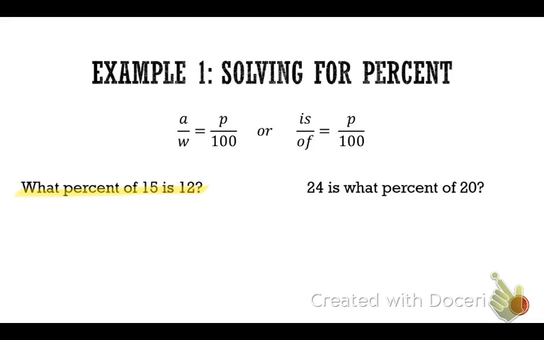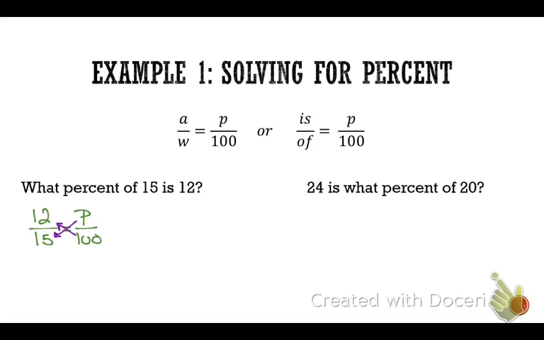It says of 15 is 12. So those key words tell me that 15 is my of and 12 is my is value. So 12 over 15 equals P over 100.